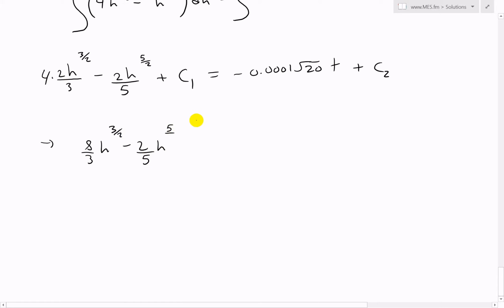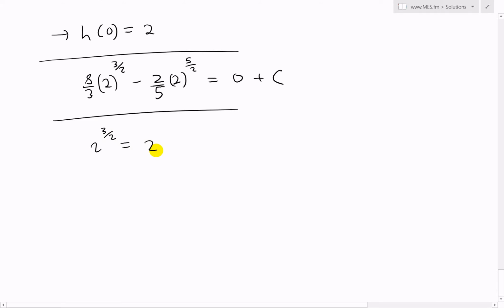The common thing between them is this 1/2 power, so that's 2. So what I'm going to do is separate them both into having this power of 1/2. Again, using properties of power functions, we could write 3 over 2 as the same thing as 2 over 2 plus 1 over 2.